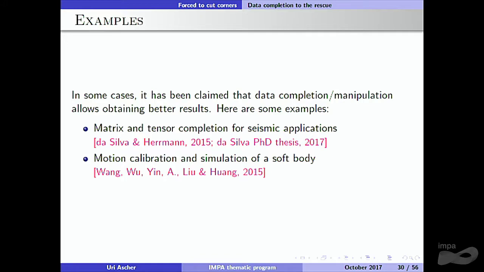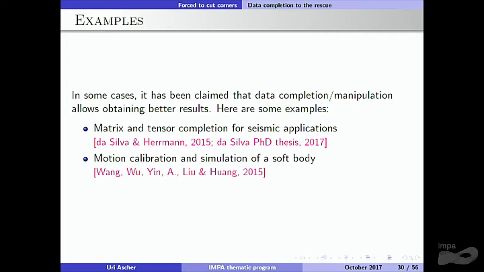And Felix, my friend and former colleague, says you've got to have the velocity to have a chance of solving the full waveform equations and full waveform inversion, sorry. And we don't have them, and so he's been busy for, I don't know, a decade completing the data so that he will have what he needs in order to solve the full waveform inversion problem. Otherwise, he cannot do that, he said.